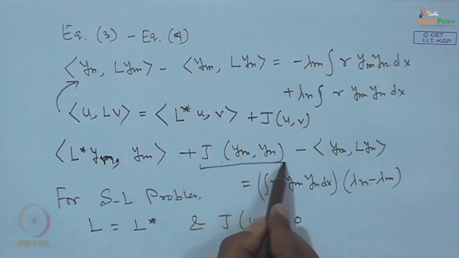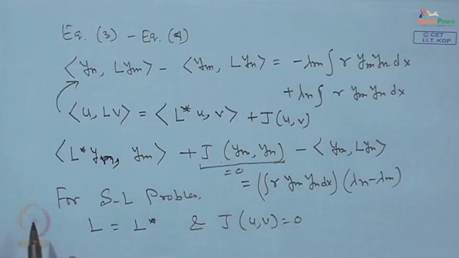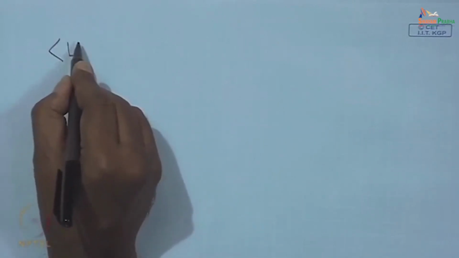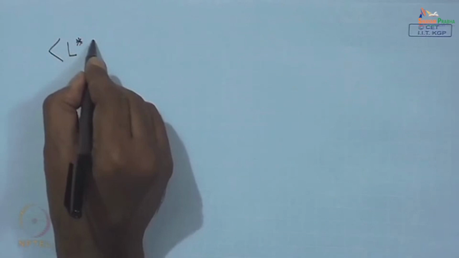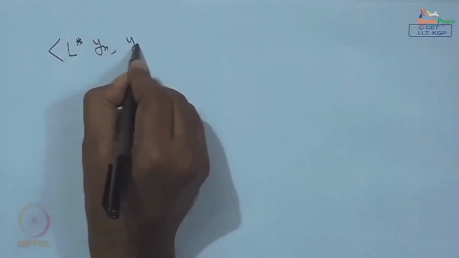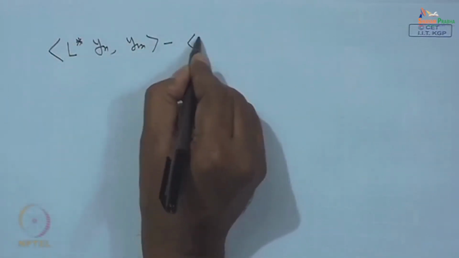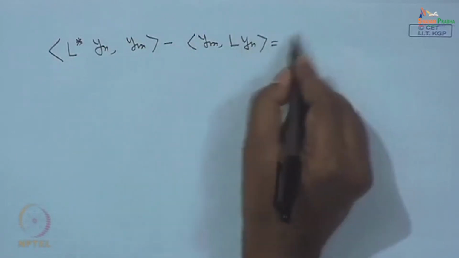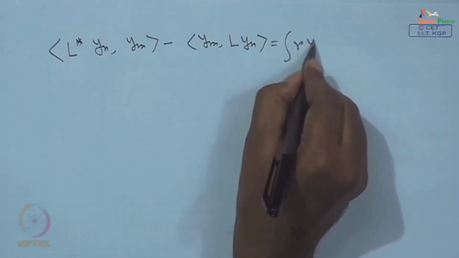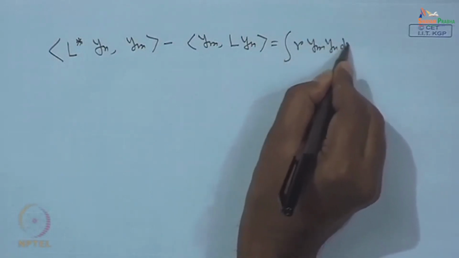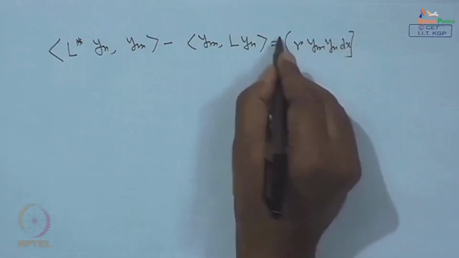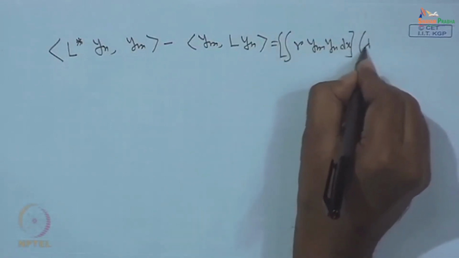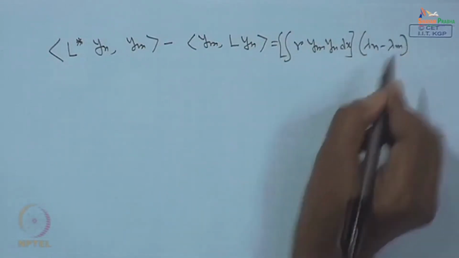So what we have now is the inner product of L star yn and ym minus the inner product of ym and L yn is equal to the integral of r ym yn dx multiplied by lambda n minus lambda m.